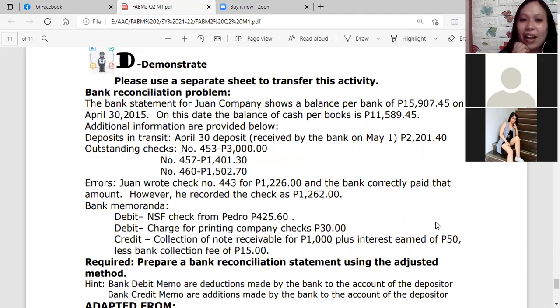Then the fee, ma'am, from the bank. It says here, less bank collection fee. So if it's a collection fee, who gives the collection fee? It's the bank, right? Yes, ma'am. Since the company did not know about this collection fee, it is not shown in their book. So where do you put it, in the bank or in the book?